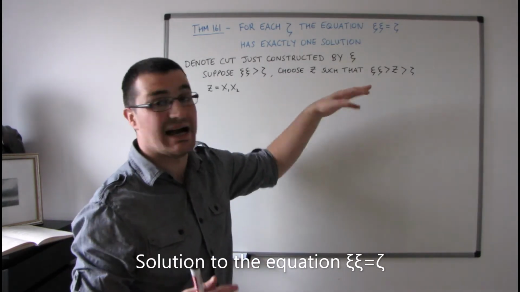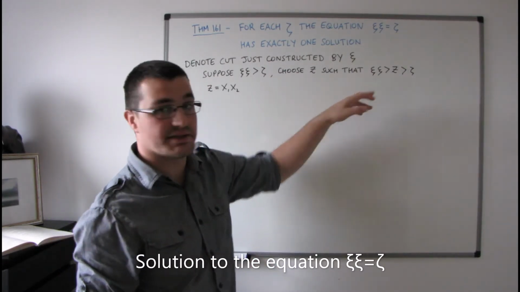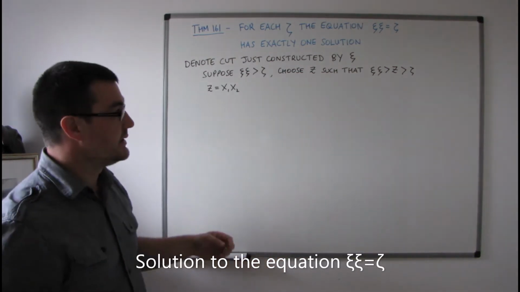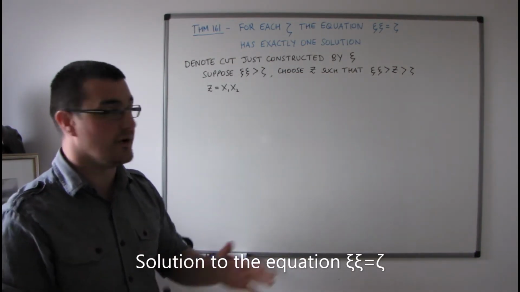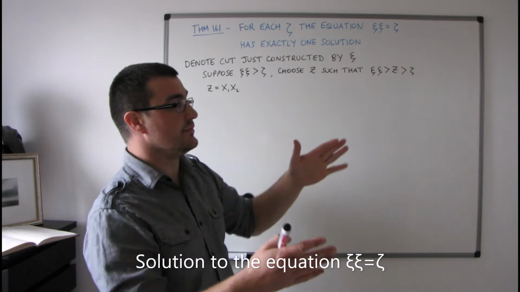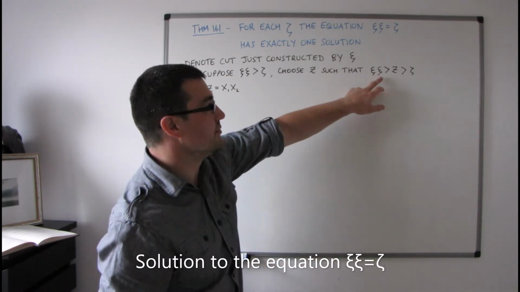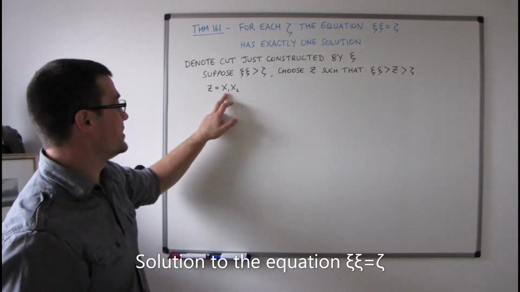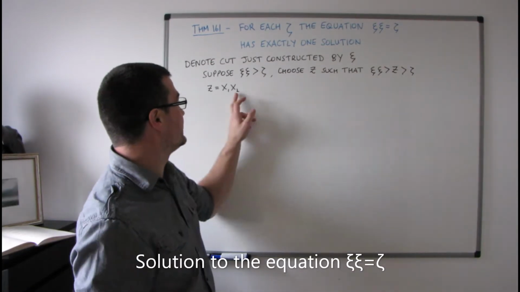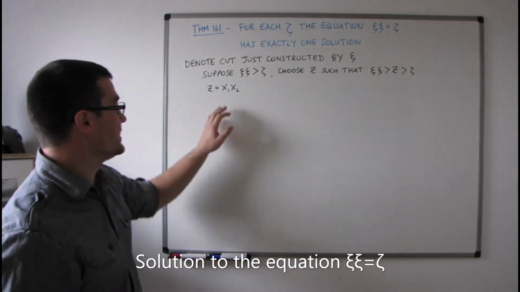Doesn't matter if the two cuts are the same, it's the set of all numbers that can be written in the form which is a lower number of this cut multiplied by a lower number of this cut. So x1 is a lower number of xi, x2 is a lower number of xi.